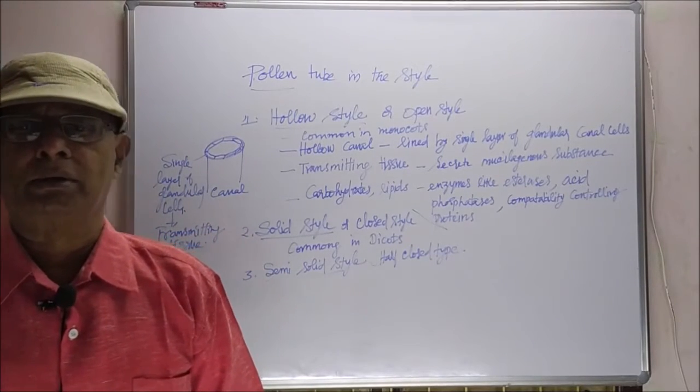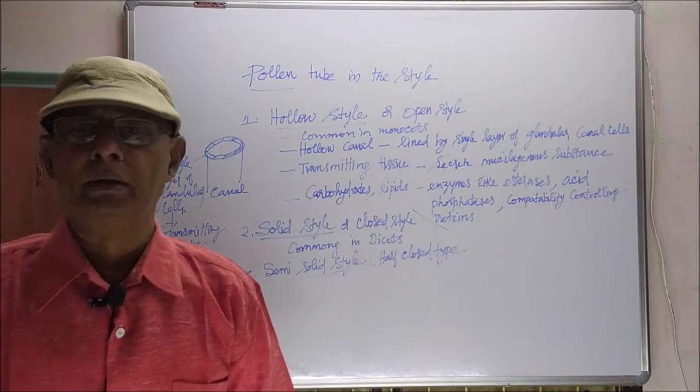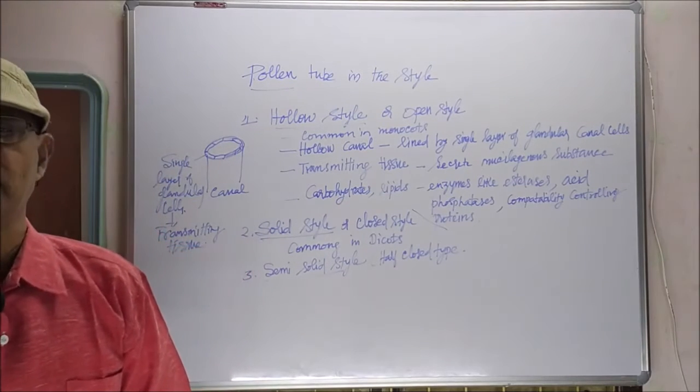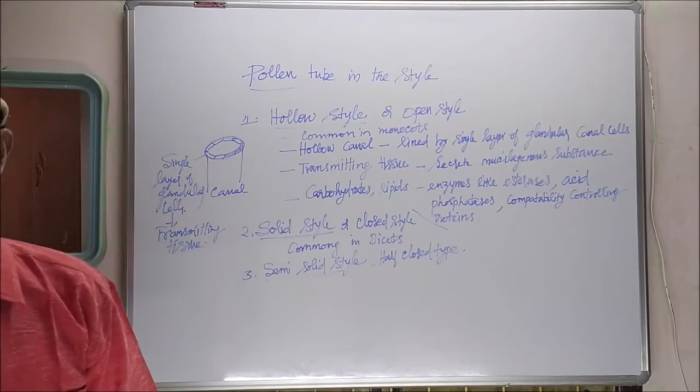In the secretion of the transmitting tissue, the pollen tube grows on the surface of the cells lining the style or canal.